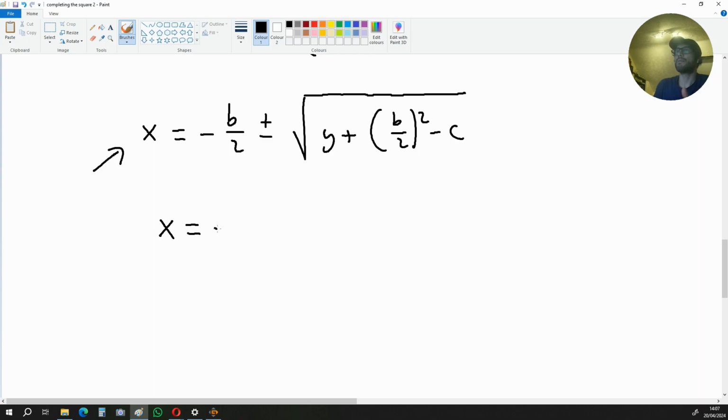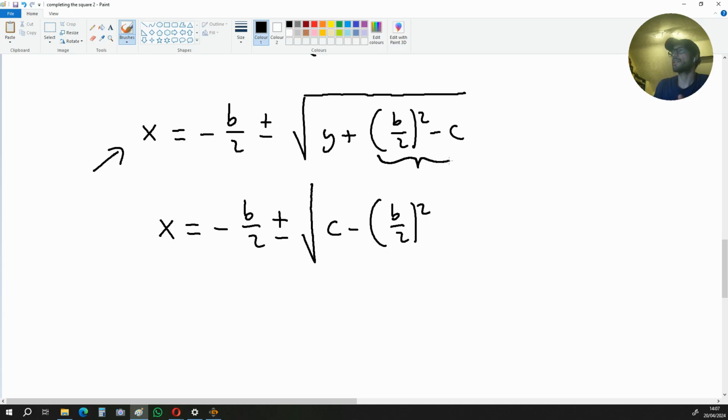So x is minus b over 2 plus or minus, we are going to replace the value of y with c minus b over 2 squared. So that is c minus b over 2 squared, but we get this as well, so that's plus b over 2 squared minus c. And all of this sits under the root sign.